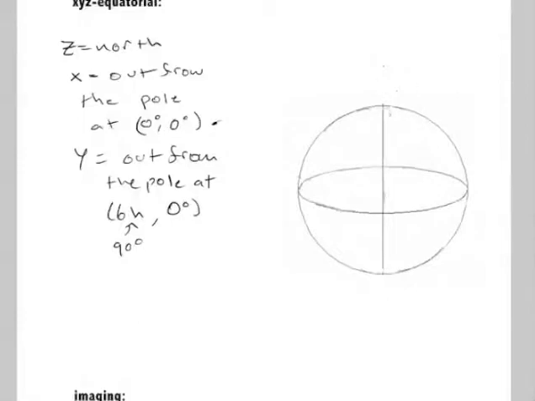Hence, this coordinate system looks like so. Z is the North Pole. X is out from the pole at 0 longitude and 0 latitude.